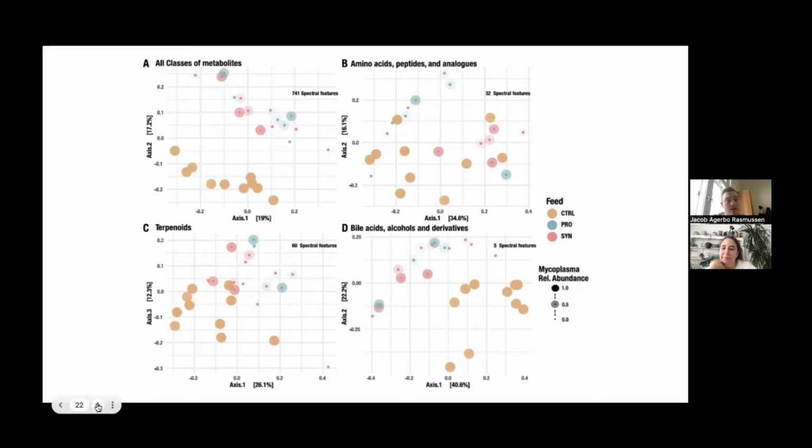So it really gives us a clear idea that it's not only the genetic composition which is affected by these different feed additives, but also the overall metabolic product machinery in the host itself, but also in the bacteria.